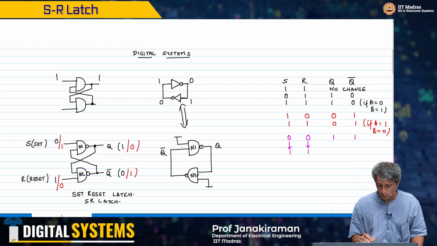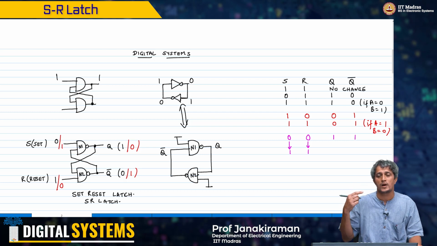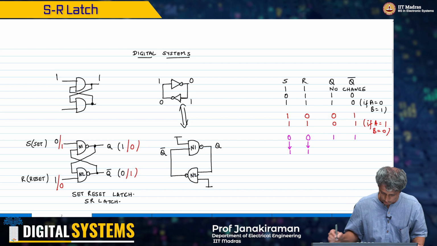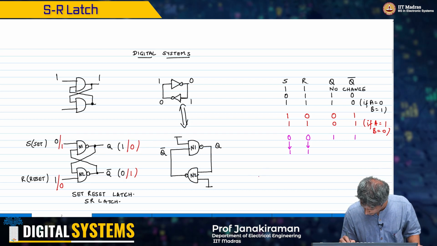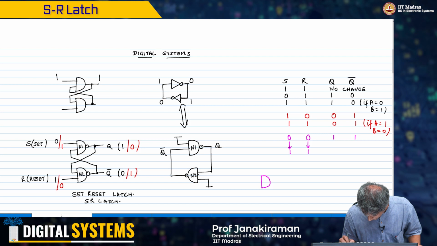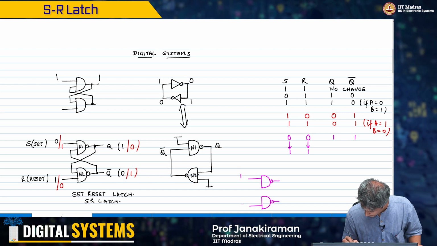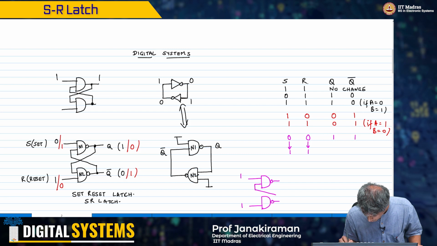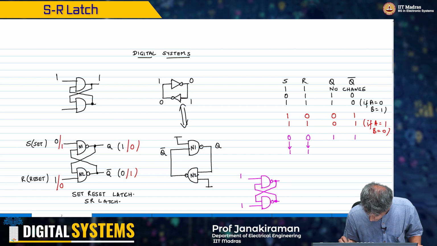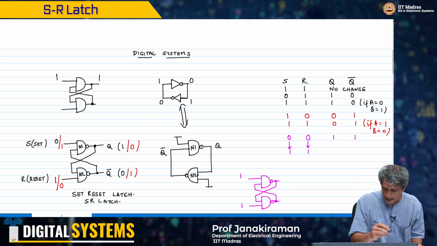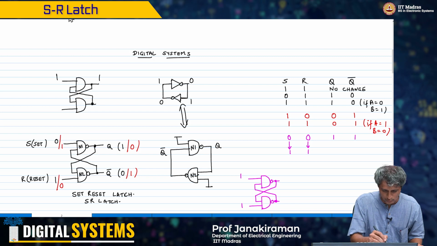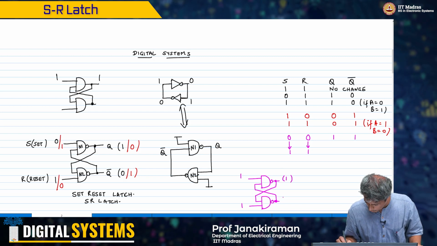Now the problem is when you go to the 1 1 input state, remember the Q and Q bar were both 1 1. So I'll just draw this condition out separately here. And earlier, the previous output was, let's say, 1 and 1.